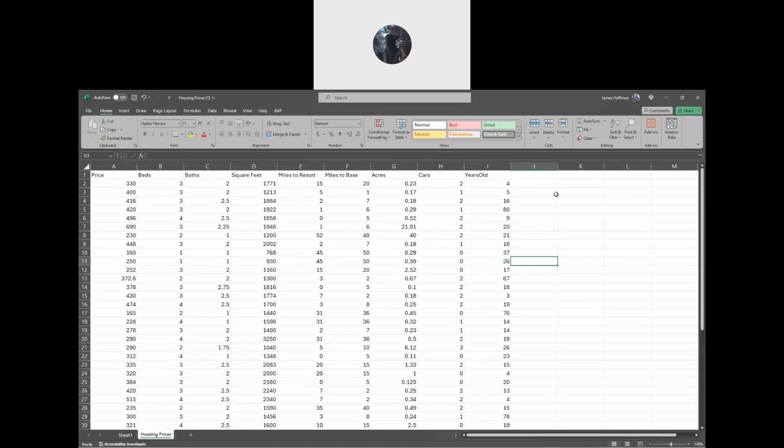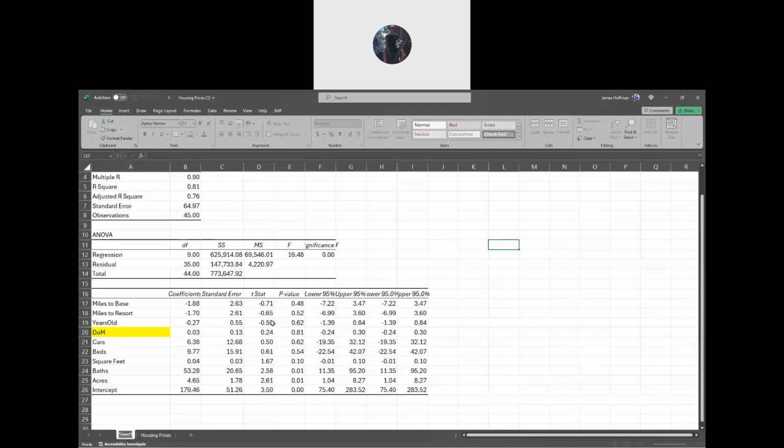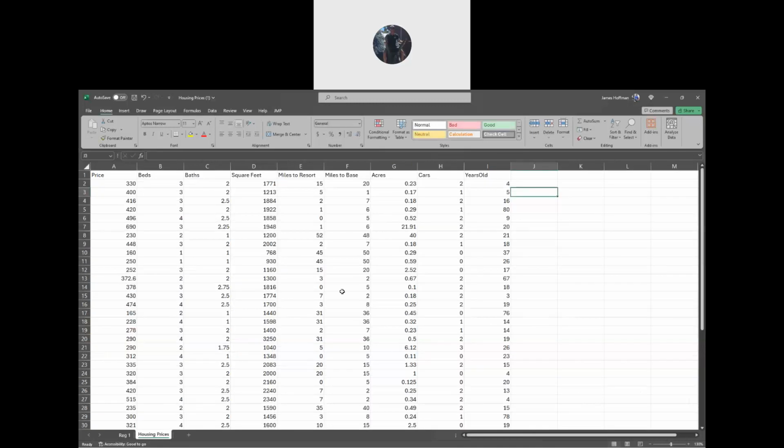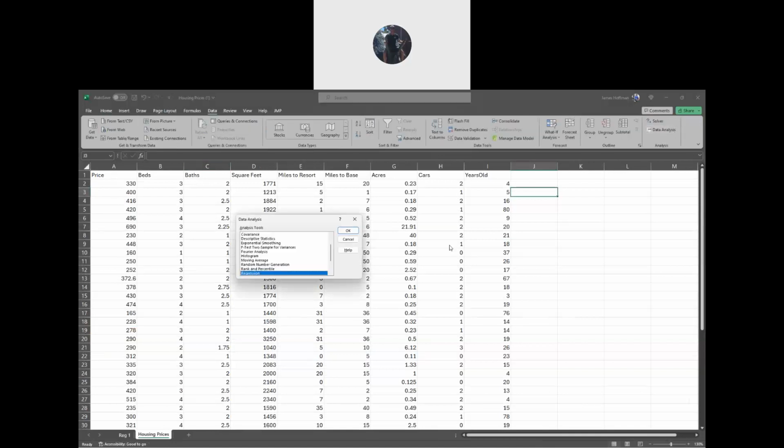old. Okay. And then I'm just going to label this first tab regression one, but you don't need to include all these outputs in your homework. I'm just kind of documenting. So let's run again without that variable. Data, data analysis, regression.